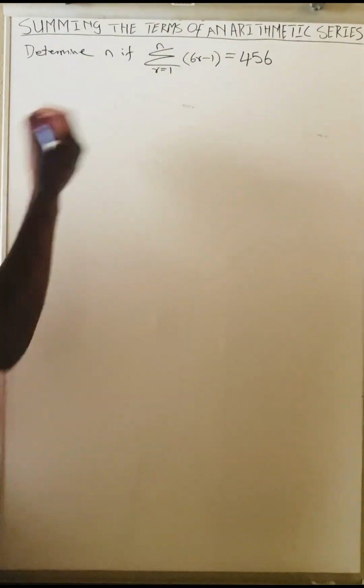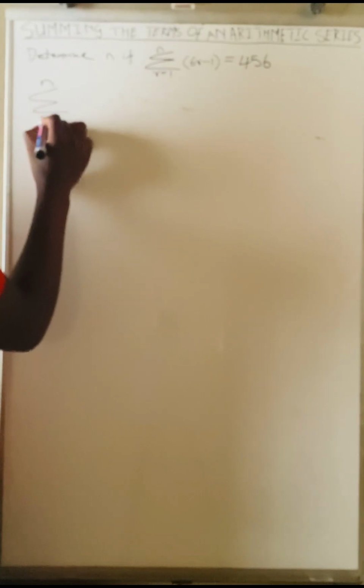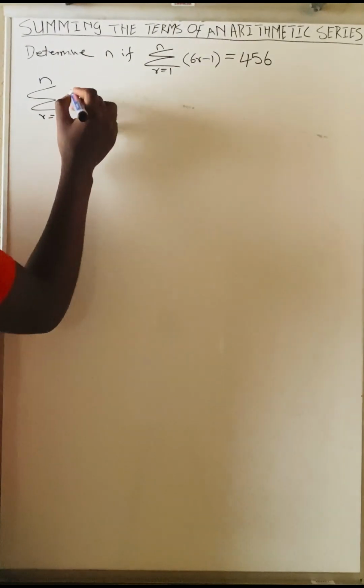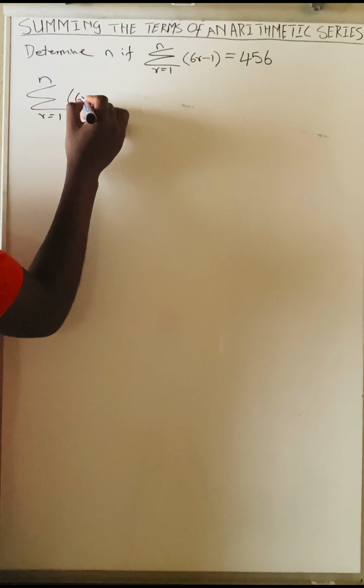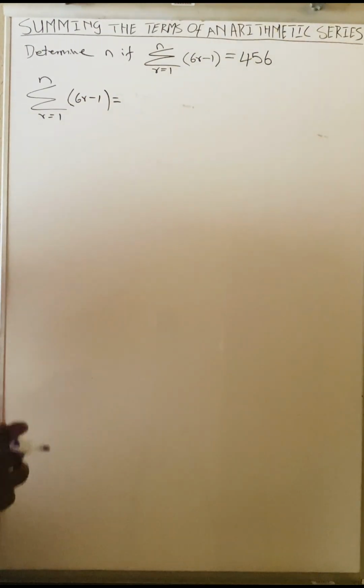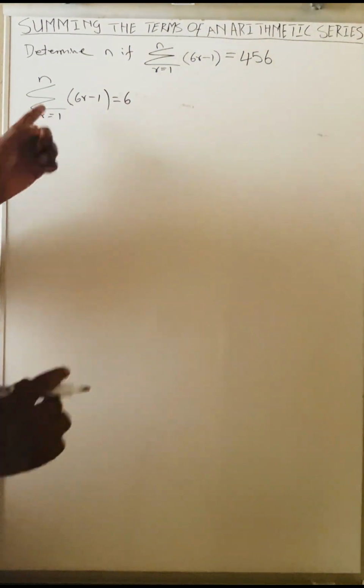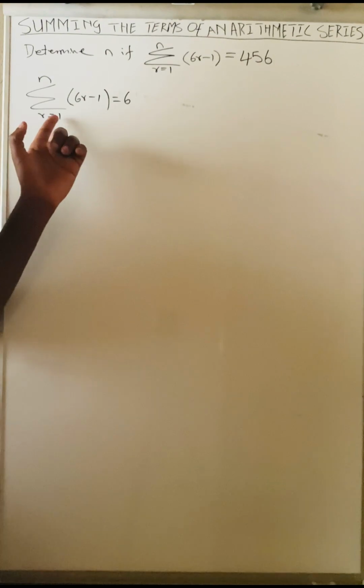When you find the sequence, you just write the sum from r equals 1 to n of 6r minus 1. Then you start substituting from 1.